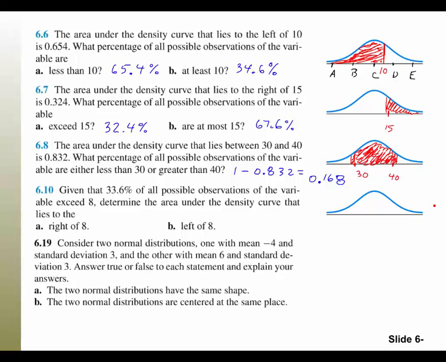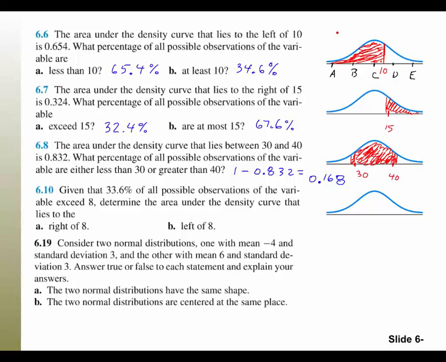So between 30 and 40 is 0.832. That's like 80% of the data. So you couldn't put the 30 and 40 both on one side, because if both were on one side, it'd have to be less than 50%. Right? Because from C to the right of C is what percent of the data? Where I've marked C, to the right of C is how much?